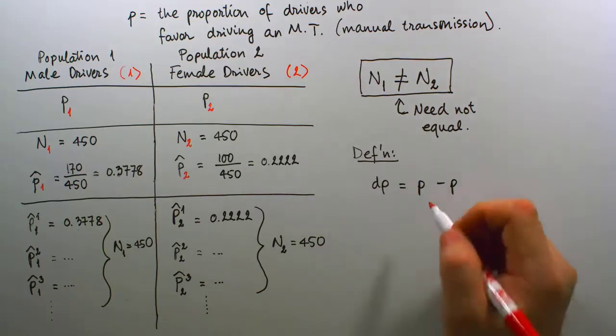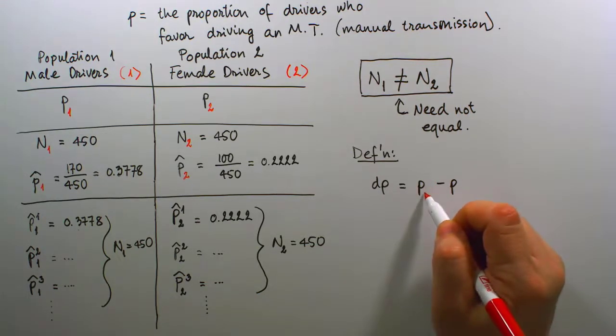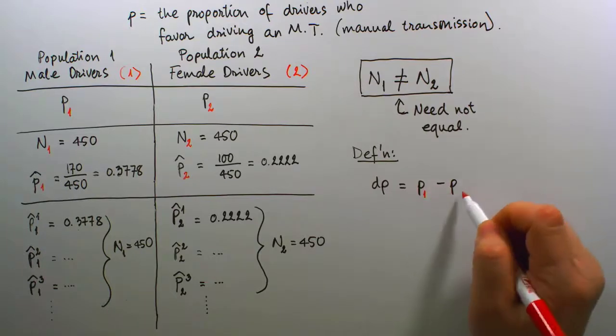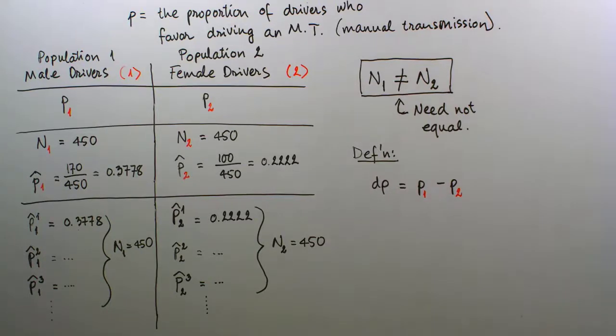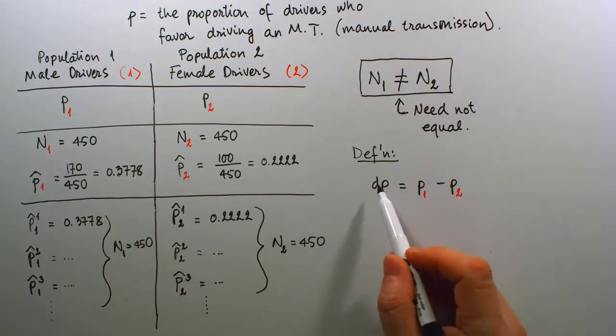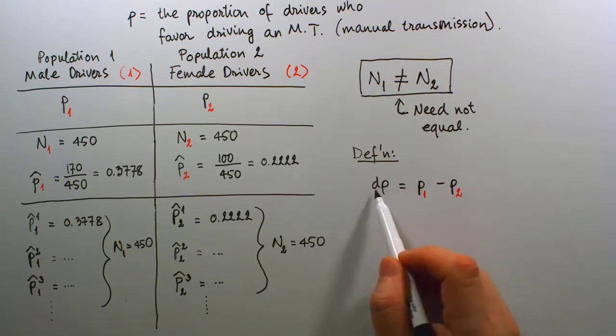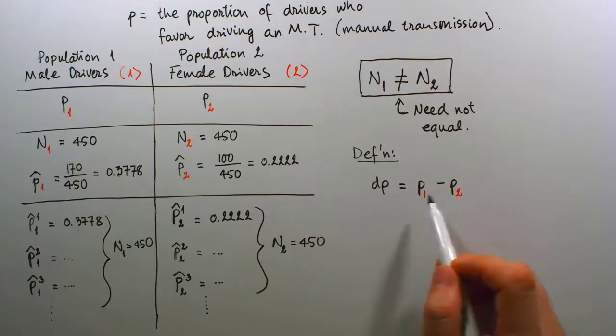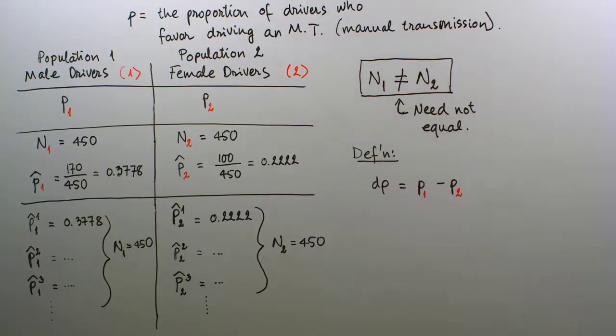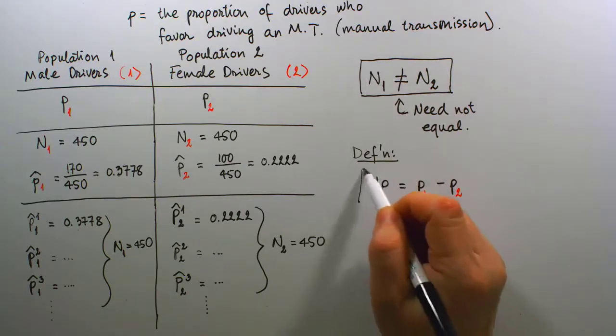And as a matter of fact, I should have labeled these subscripts with red ink. And so dp for now is simply just a definition. The d here looks like it's intended for difference. So dp is defined as the difference between p1 and p2. So it's a definition to pay attention to.